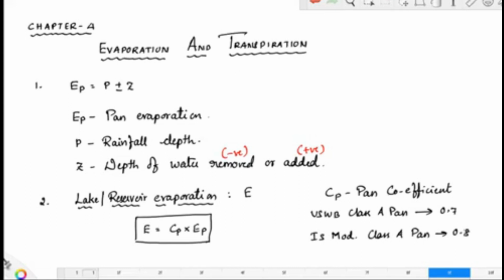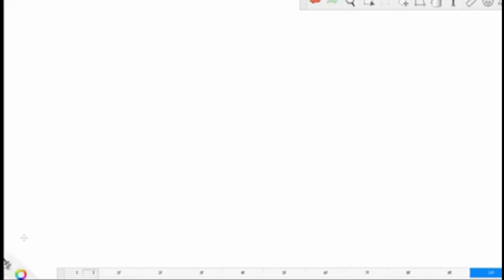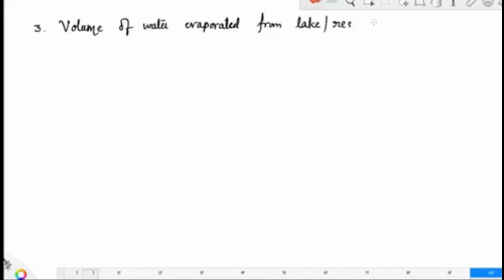So this is the second thing. Third point, volume of water evaporated from lake or reservoir, VE, let me say.